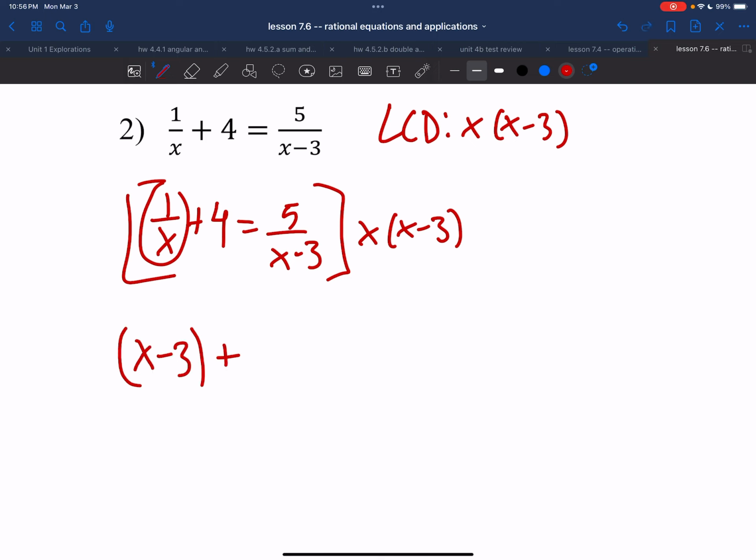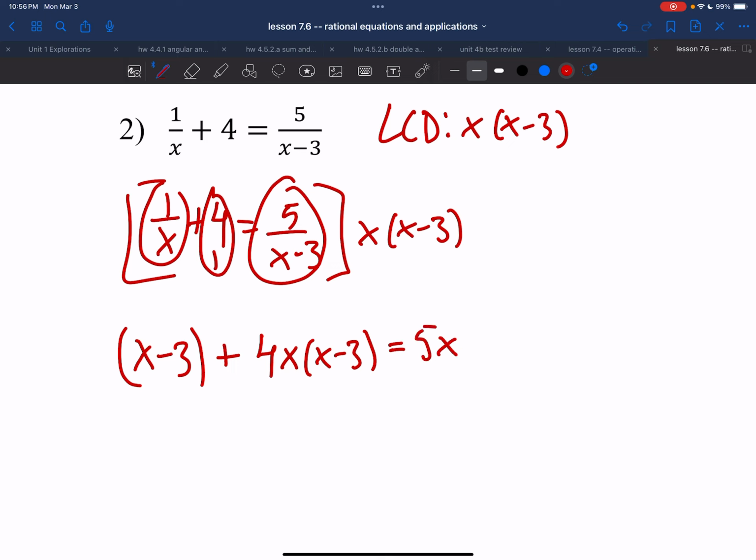Plus, now the 4 term right here doesn't have a denominator, so nothing's going to cancel. 4 is going to get multiplied by both x and x minus 3, okay? Equals, on the right side, 5 over x minus 3. Well, the x minus 3 terms cancel, and the only thing left is 5 times x, okay?